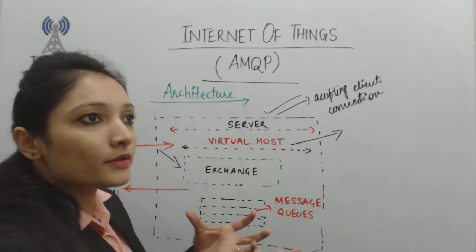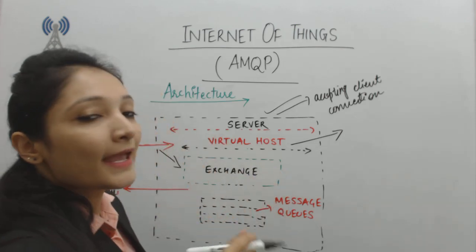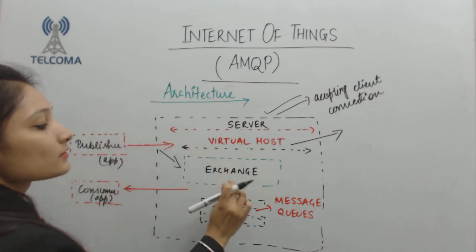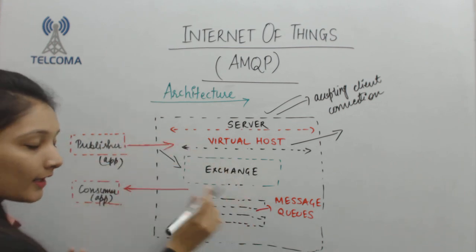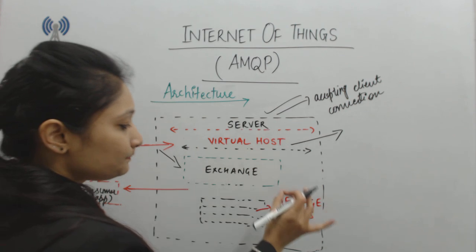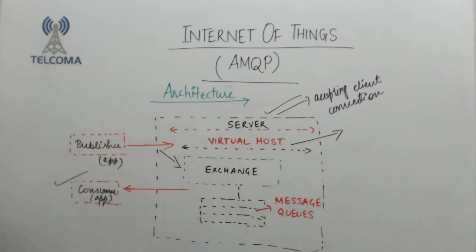It is responsible for generating or publishing that message, and that message is forwarded to this exchange. Now, the next component is the consumer application. Consumer is basically a client who receives the messages from the message queues, or we can say it receives the messages from the exchange. So, according to what the consumer client has requested, it will get that message from these message queues via this exchange.